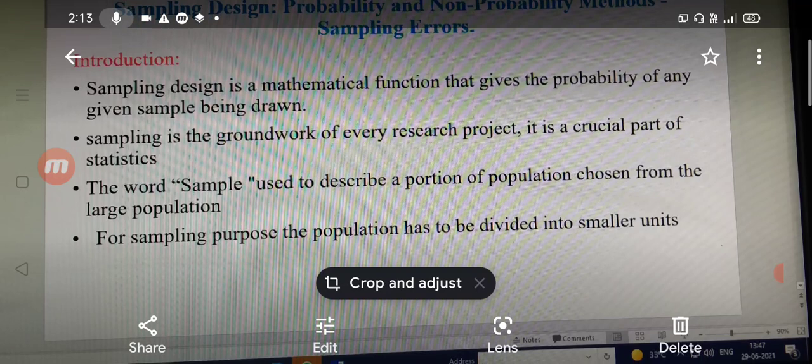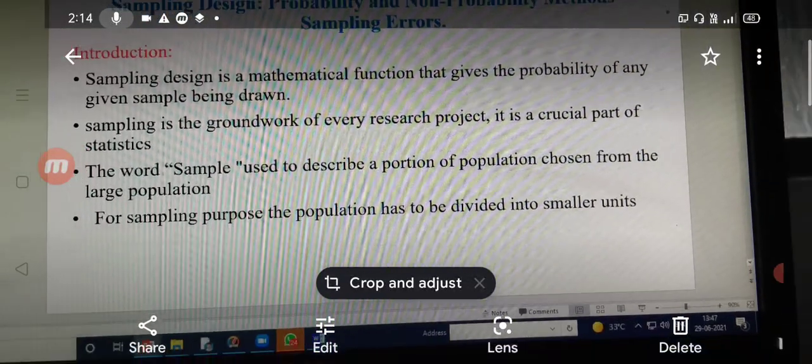Here we are planning to study the degree students. Like this, the respondents or the population has to be divided into small units. The small units help the researcher to carry forward his research in an effective manner without any confusion.